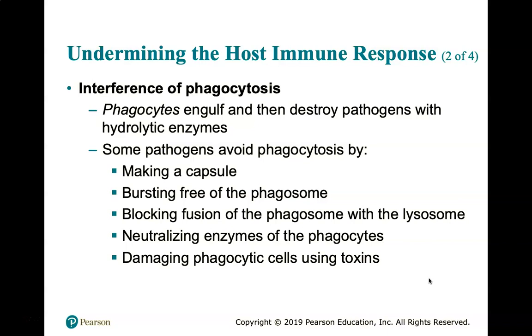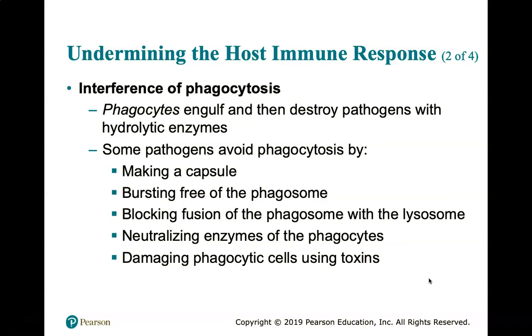And typically the phagosome fuses with a lysosome. Okay, and when it fuses, it's able to effectively use a bunch of different enzymes to destroy that pathogen. But some pathogens can block that fusion, neutralizing the enzymes in the phagocytes.